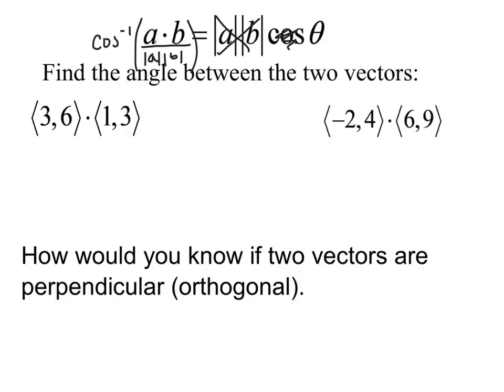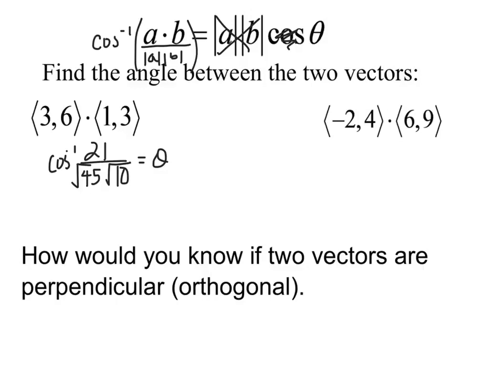So dotting these two, I did that on the previous slide. 3 times 1 plus 6 times 3 is 21. Magnitude of the first vector is 9 plus 36, so it's the square root of 45. The magnitude of the second vector will be 1 squared plus 3 squared, and the square root of that. So then if you do the inverse cosine of that, that will be theta, and I'll let you type that into your calculator.